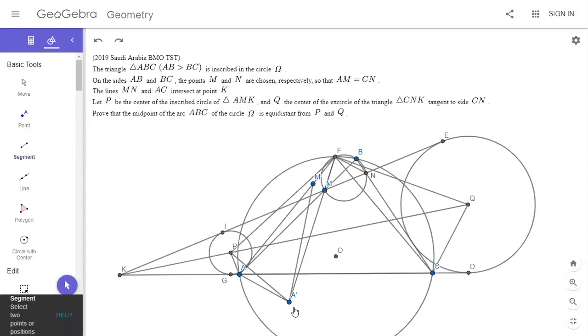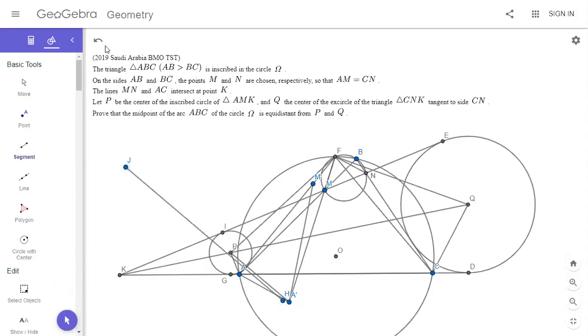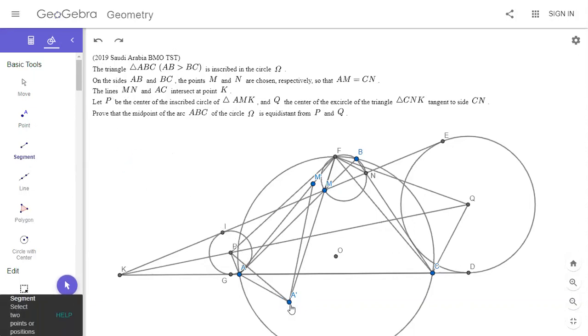I'm going to just try this, and if this doesn't work, I'll move on to the next problem. So F is the circumcenter of those two triangles. And so, yeah, we can basically calculate.